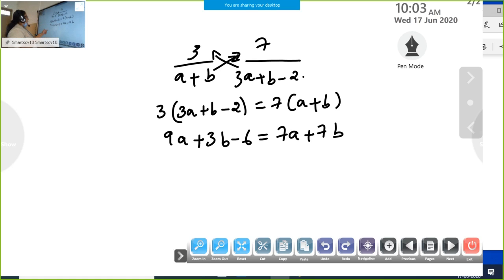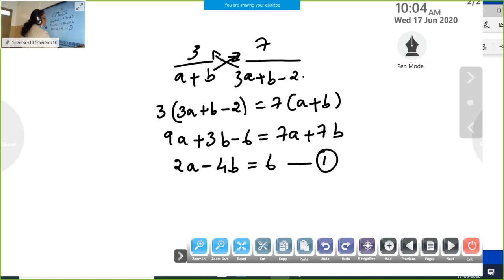Then 9a minus 7a is 2a, and 3b minus 7b is minus 4b, is equal to 6. Clear? This is our second equation.